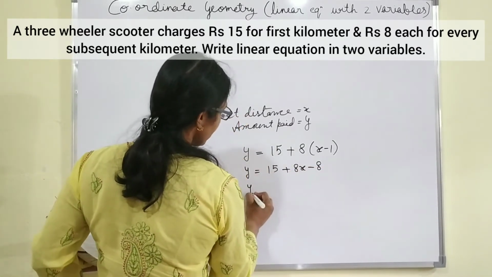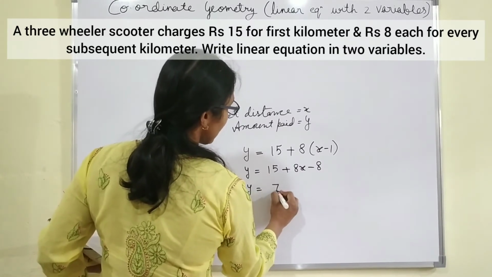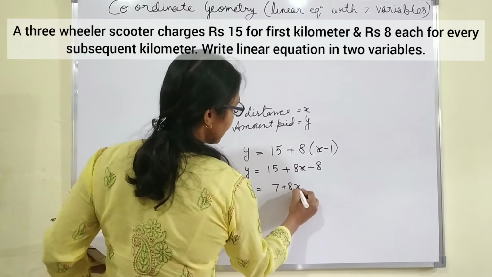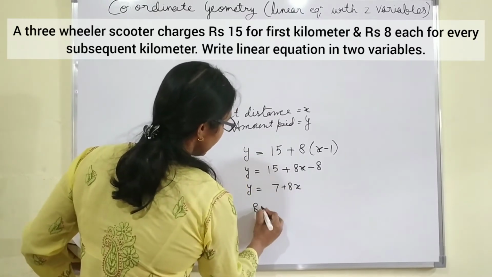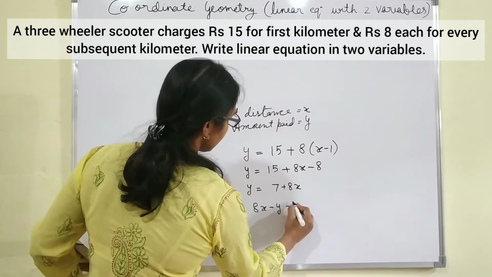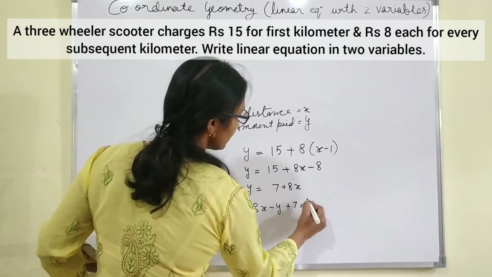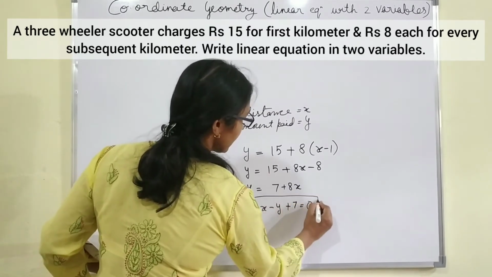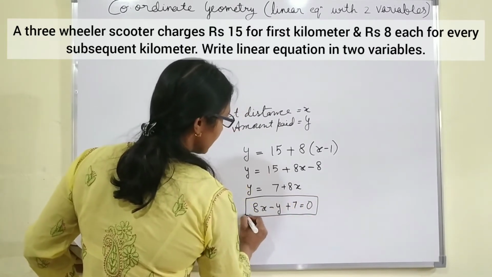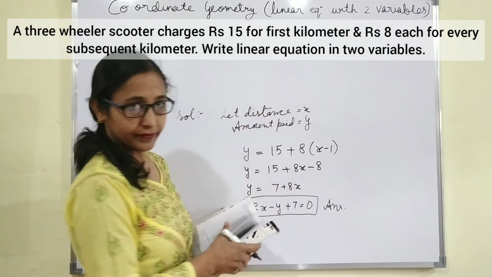So our equation will be Y equals 7 plus 8X, which means 8X minus Y plus 7 equals 0. It is our answer, and draw it in the graph.